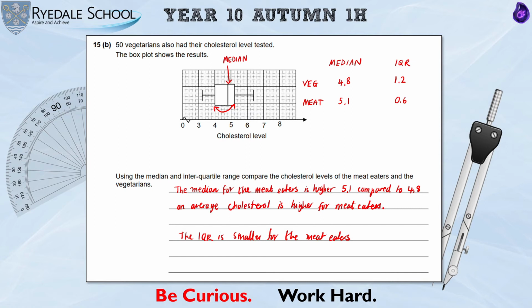It means that the data is more consistent. So the interquartile range is smaller for the meat eaters, so their cholesterol levels are more consistent. And more consistent just means similar.